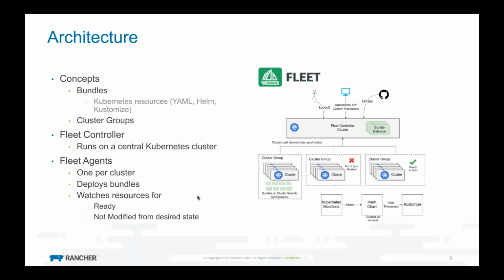And then the architectural components: we have a Fleet controller. This is the centralized component. It's a Kubernetes controller, so it runs on a Kubernetes cluster, and you communicate with it through the standard Kubernetes API. A lot of effort was put in, even though we're trying to scale to millions, and people are very skeptical of this: how do I get a Kubernetes controller to scale to millions? I can talk about some of that later.